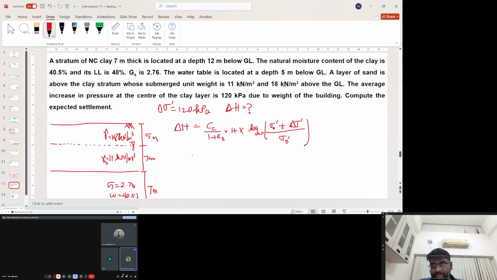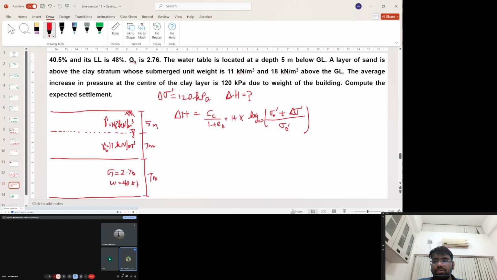Now the major thing we need is H, which we always calculate at the middle of the layer. So 3.5 meters of clay layer, but the entire thickness is 7 meters. The stress which we calculate corresponds to 3.5 meters. Now we need to find sigma naught dash, e naught and Cc.